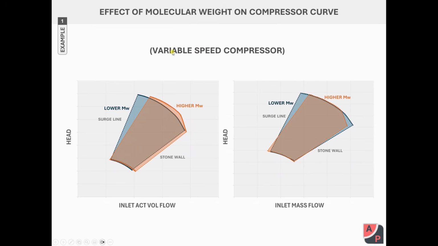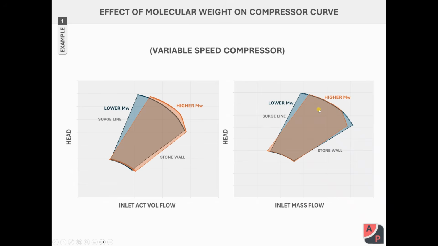Effect of molecular weight on the compressor curve when it is variable speed. It's similar to a single curve, but in variable speed we have infinite speeds. So you can see the effect. The effect is more visible when it is plotted in actual volumetric flow, and you can see clearly the curve is shifted to the right.